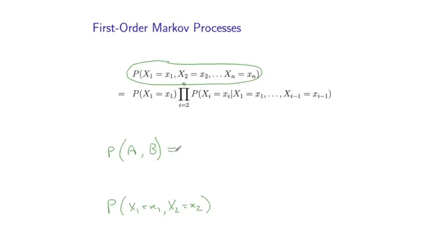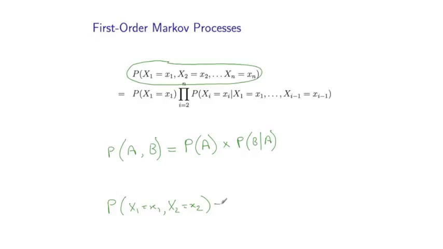Then the chain rule says the following, that I can decompose this into a product of two terms. The first one is P of A, and then I multiply that by the conditional probability of P of B given A. And this follows directly by the definition of conditional probabilities.